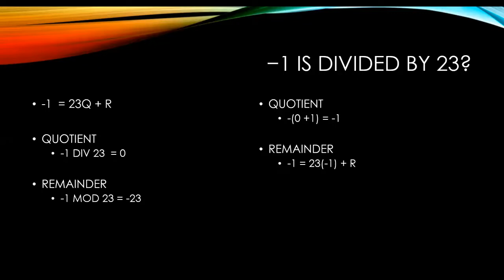Evaluating this, the new r is positive 22. Now this is the correct answer for this question. Again, don't forget to add negative 1 to the quotient if the remainder is negative, so that when we apply the new quotient to our equation, the remainder will be positive. So it conforms with the division algorithm rule.